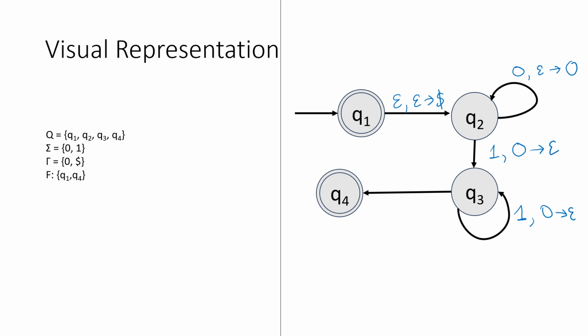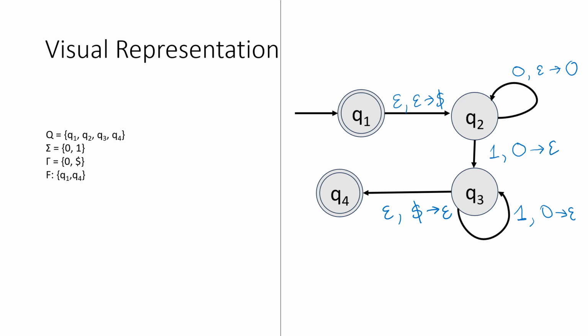Great. So basically every time I see a 1, I'm going to start popping zeros off the stack. And then at the end, since I'm done counting ones, I'm going to take an epsilon transition, and assuming that the stack is empty, I'm not going to push or pop anything, but just basically checking to see that it's empty, and it's going to go into this final state.